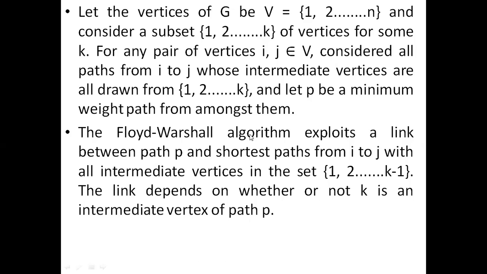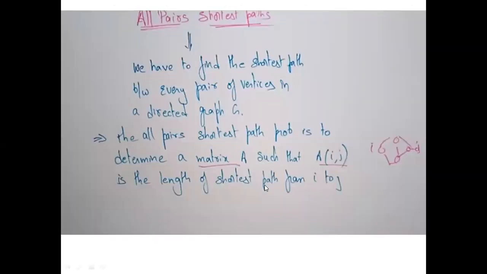Now let's see how to solve the all pair shortest path problem. All pair shortest path means you have to find the shortest path between each and every pair of vertices in a directed graph G. Suppose this is the graph. From this vertex to this vertex, to this one, to this one, what is the shortest path?